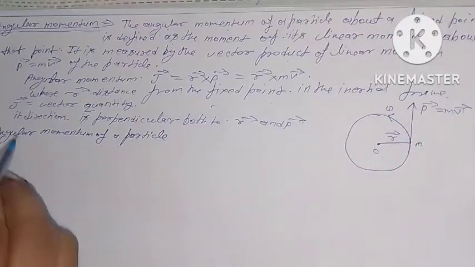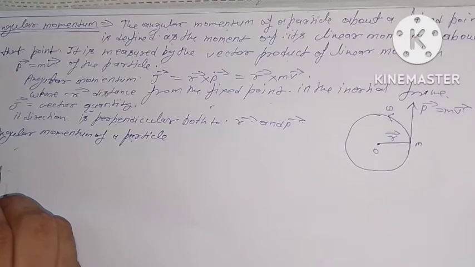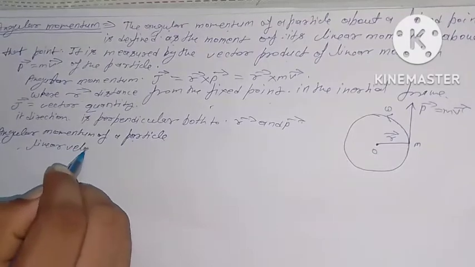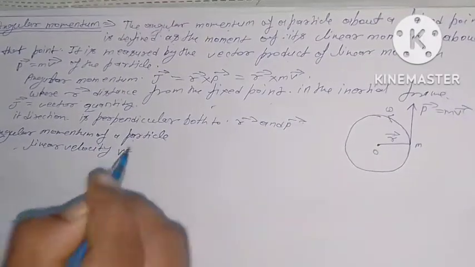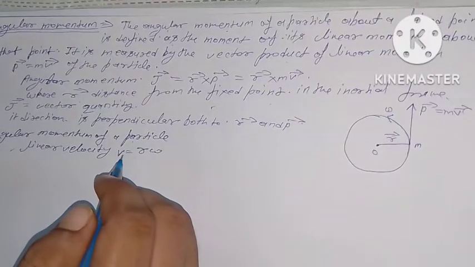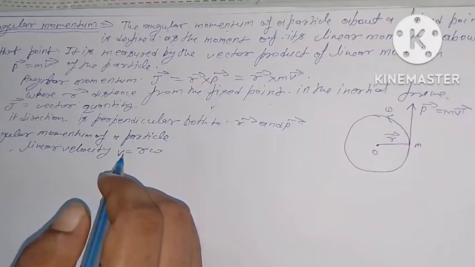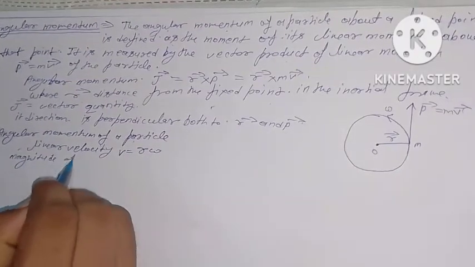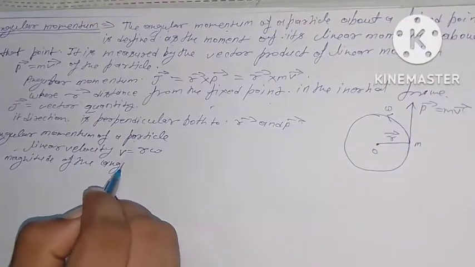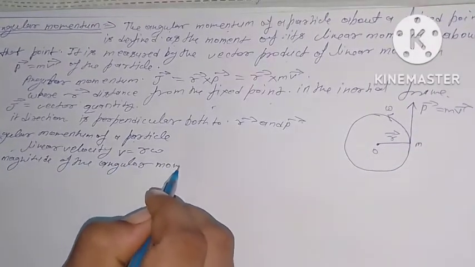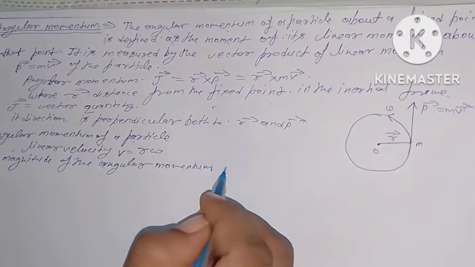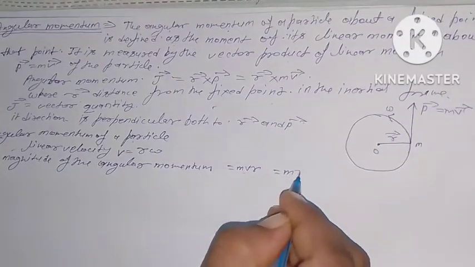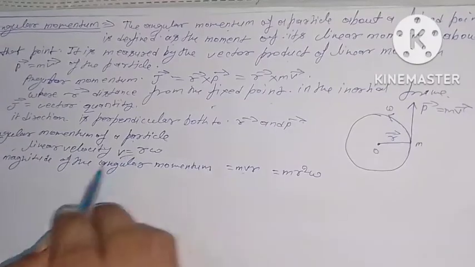Then the linear velocity v equal to r omega. The magnitude of the angular momentum equals mvr equal to mr square omega, because v equal to r omega.